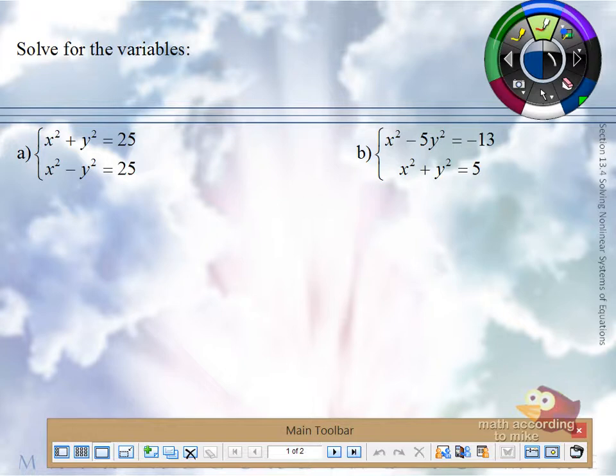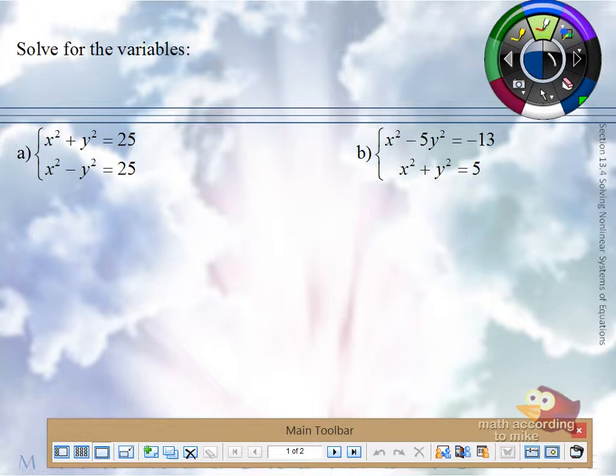It's a circle. X squared minus y squared equals 25 is the graph of a hyperbola. So what we're going to find is where does a circle intersect a hyperbola, or if it does at all. So that's our job.